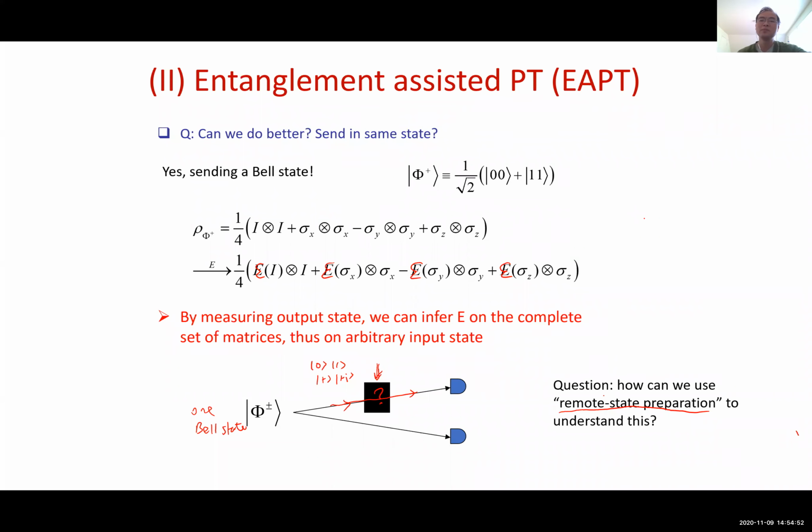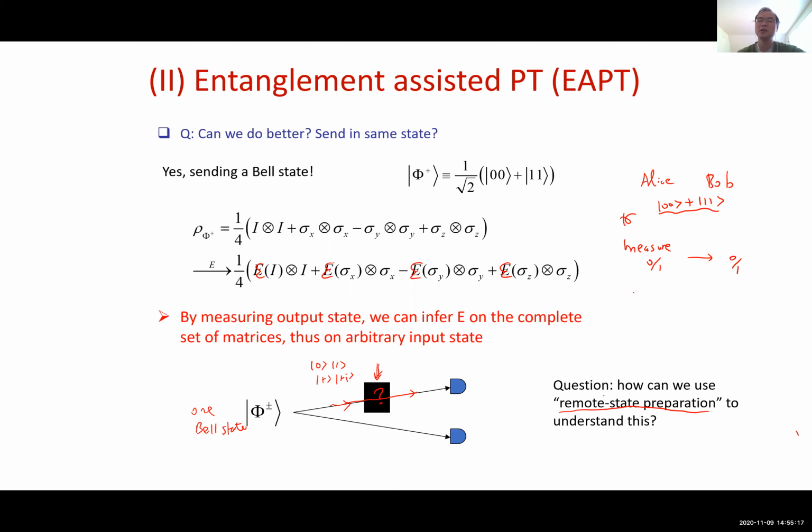Maybe you remember that when we talked about remote state preparation, there's Alice and Bob, they share this entangled state, 00 + 11. Remote state preparation is, for example, Alice measures in the 0, 1 basis, then Bob would get 0, 1.